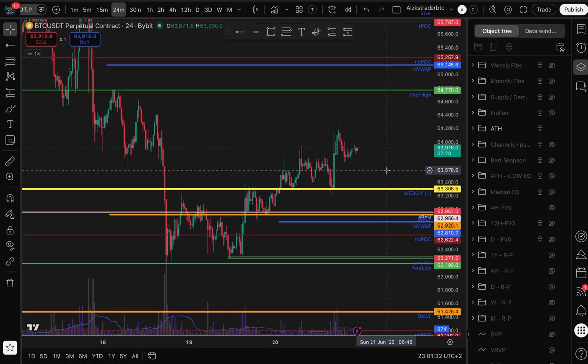You can potentially get a swing failure pattern of a high, swing failure pattern of a low. You can potentially get trapped traders on order flow and so on, potentially big volume spikes. This is a bunch of triggers you can use, wicks and candle closures and potentially different candles. Just a few tips. But make sure it works together with your risk reward, RR, and triggers at the key zones. That's at least what I'm doing personally.